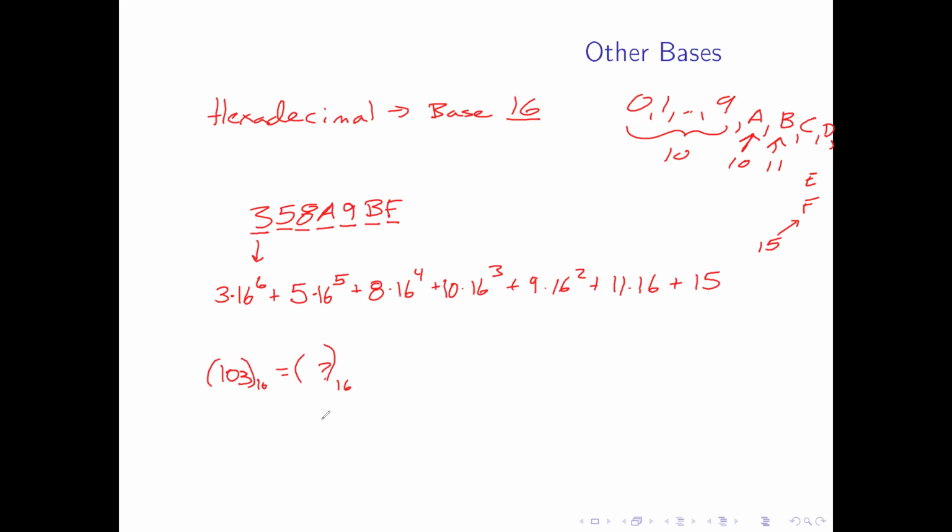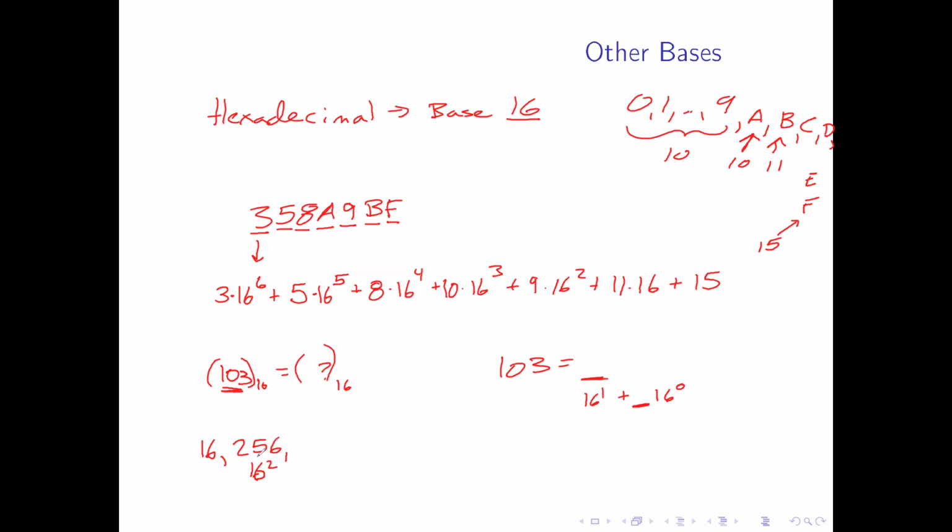Well, the way you have to do that is you literally have to look at the powers of 16, which would be 16. And then 16 squared, for any of you that are aware, is 256. I could do 16 to the third power and so forth, but 256 is bigger than 103. So this is 16 squared. So I actually know that 103 can be written as something times 16 to the first power plus something times 16 to the zero power.